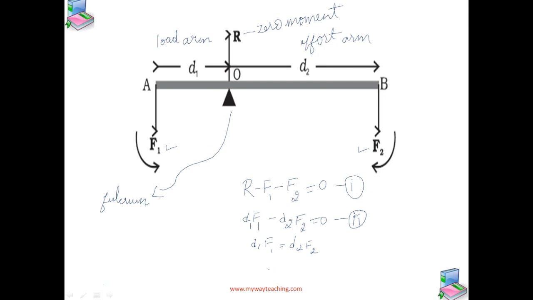Incidentally, the ratio F1 by F2 is called mechanical advantage, which is equal to d2 by d1. If the effort arm d2 is larger than the load arm, the mechanical advantage is greater than 1, meaning a small effort can be used to lift a large load.